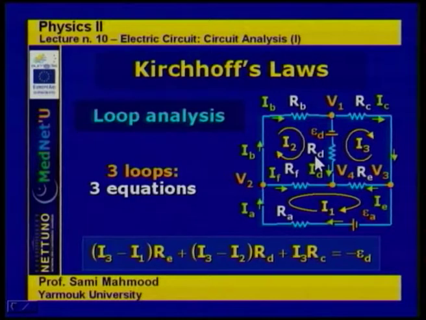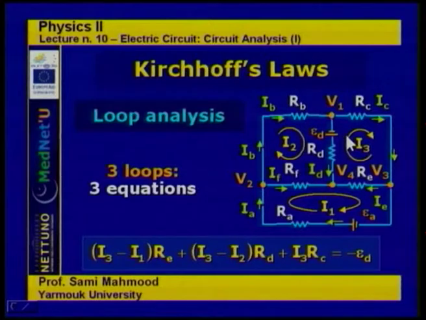And similarly, the third equation is I3 minus I1 times RE plus I3 minus I2 times RD plus I3 times RC is equal to the total electromotive force, epsilon D, but in this case in the minus direction. So it's minus epsilon D because it's going against our direction as we go around the loop. So this is the third equation.